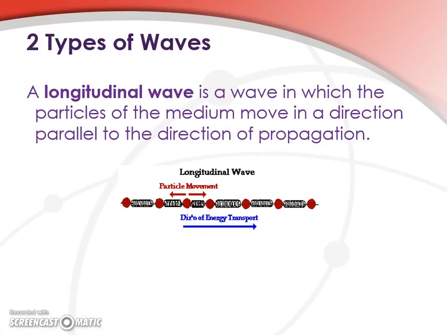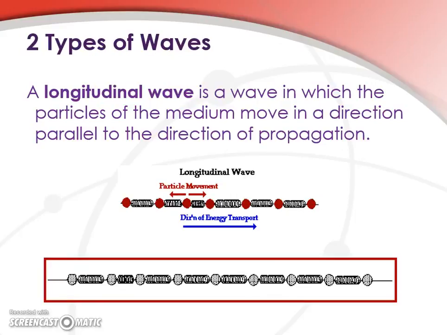Okay, so there's two kinds of waves, and a longitudinal wave is one that we don't often think about. It's a wave in which the particles of the medium move in a direction parallel to the direction of propagation, and we can see an example here. And so what we get is essentially a pulse that moves through our medium.